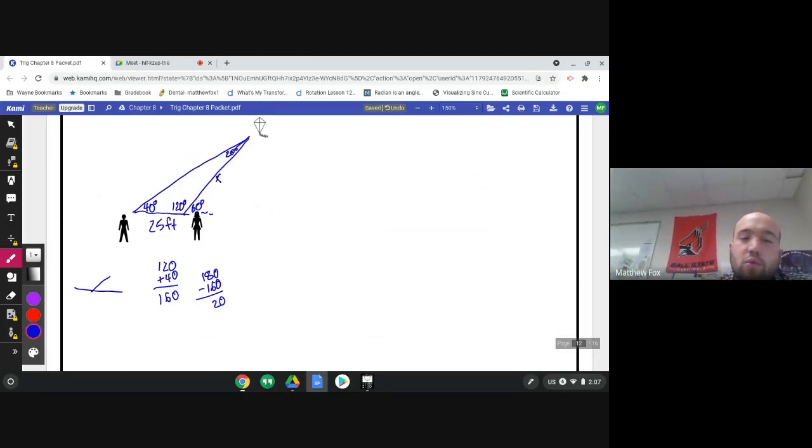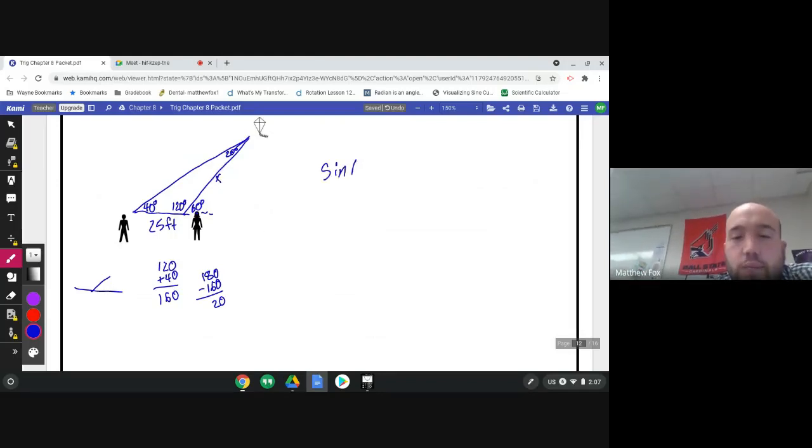Now the reason that's important is now we have a set of opposite. We have the angle on the opposite side. Once we have that, we can use the law of sines to solve for x here. So I can do the sine of 20 divided by that 25, right, the opposite, equals the sine. Now we're trying to find x.